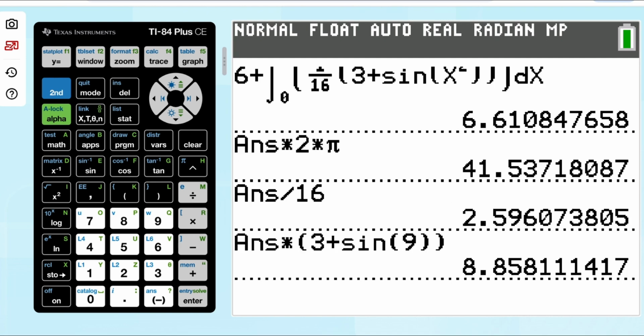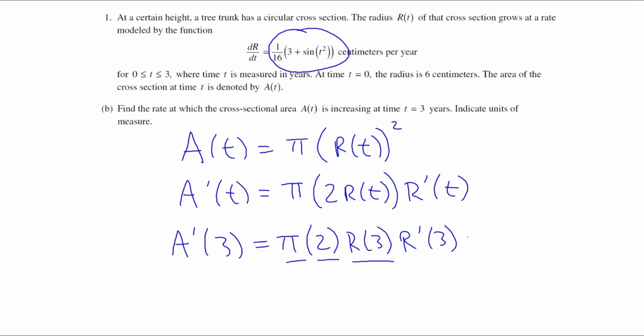And that gives us 8.858 when we round. And we've got our units on it, just like it asked, indicate units of measure. We got 1 point for the expression for a of t, 1 point for the expression for a prime of t, and 1 point for the correct answer with the appropriate units.